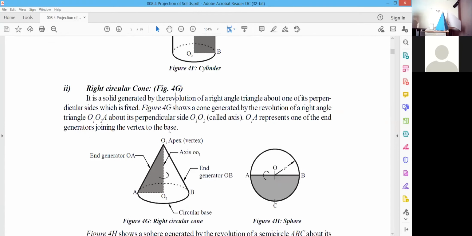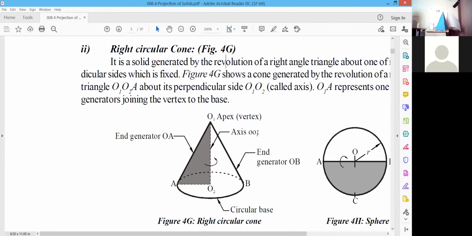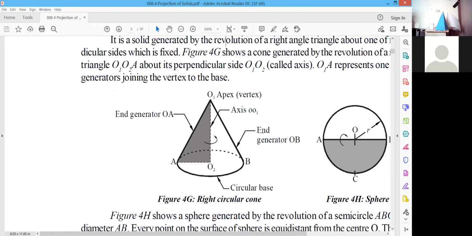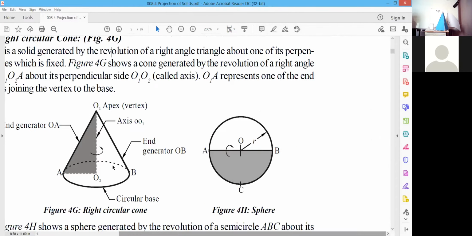And similarly, a cone, a right regular cone, where the end generator that is given O1A with respect to the O1, O2 axis, this triangle, if you revolve it for 360 degrees, this is a right circular cone, which can be resting on one of its points on the circular base. Like this cone can be represented. And similarly, a sphere also will have this axis of revolution, and you can represent the same.